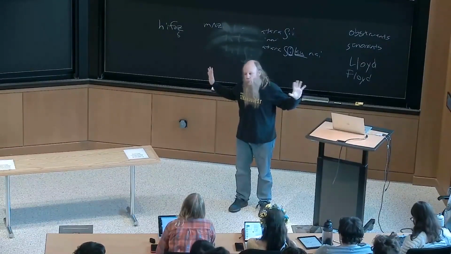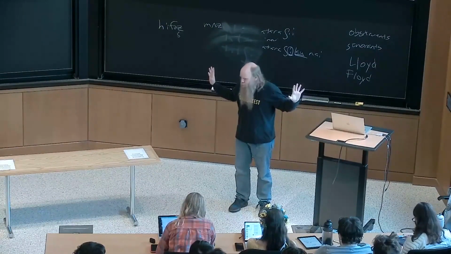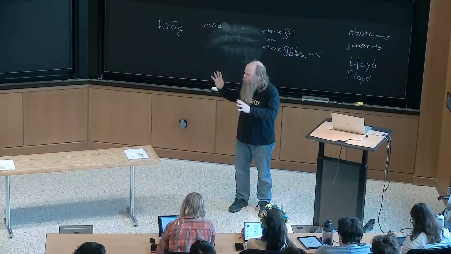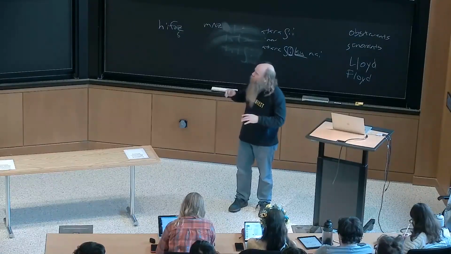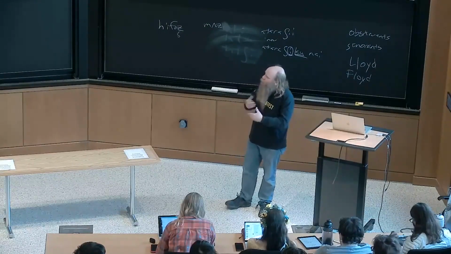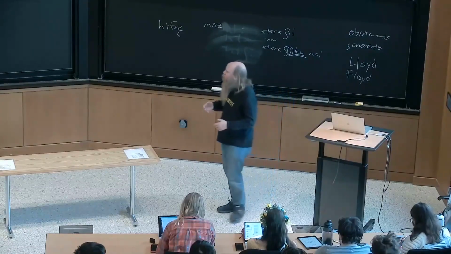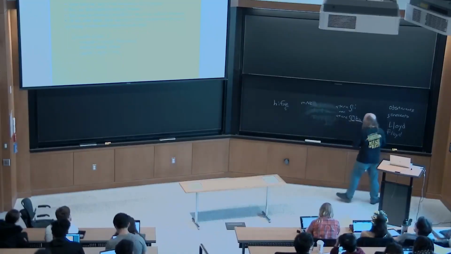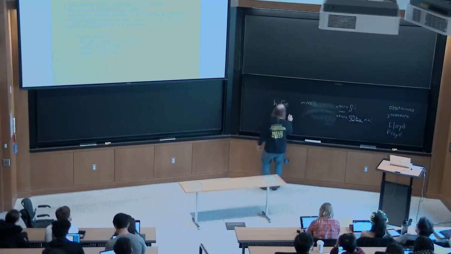I tried to convince you, we worked out an analysis of Lairdale, in which, again, bare nominative singular Lairdale doesn't mark number, but bare nominative forms of nouns undergo various kinds of sound changes. So Lairdale has words that underlyingly end in a K, for example, and there was a general rule in Lairdale that said, if you have a word that ends in a K, get rid of the K. So I'll start writing these down.